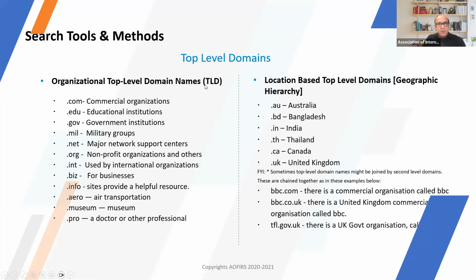This one, for example, is talking about top level domains, and you could see that these are listed here. So if you want to go to a source coming from an educational institution, you're going to write in URL colon, and then edu.